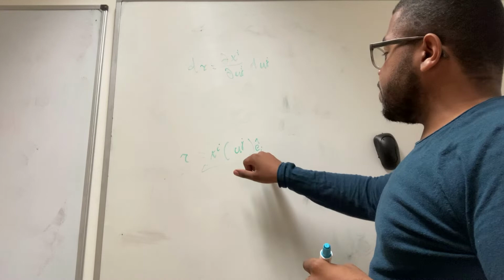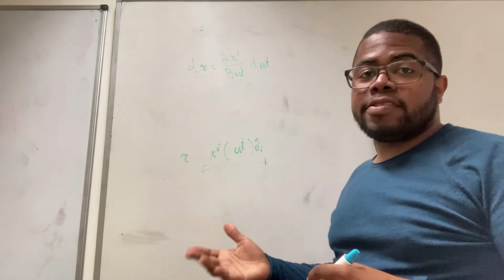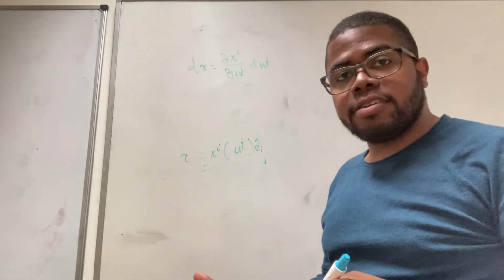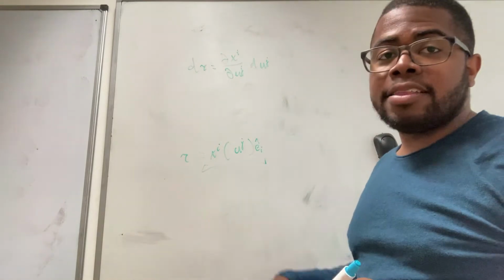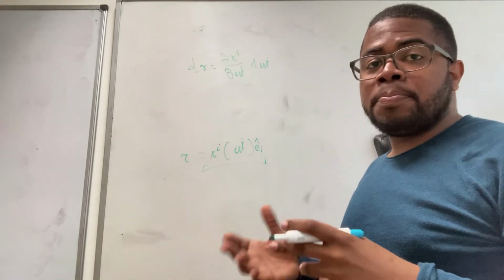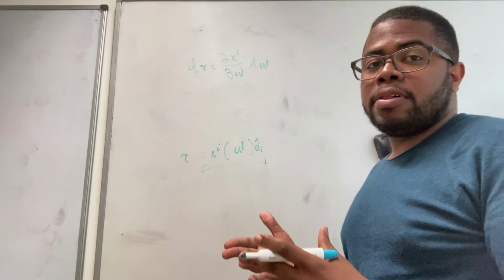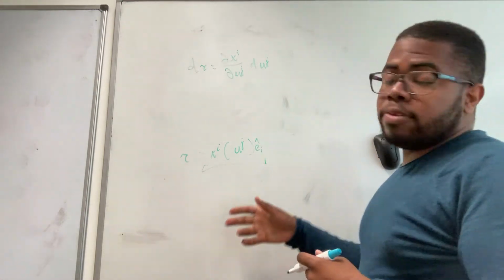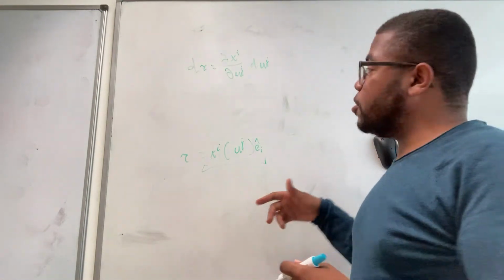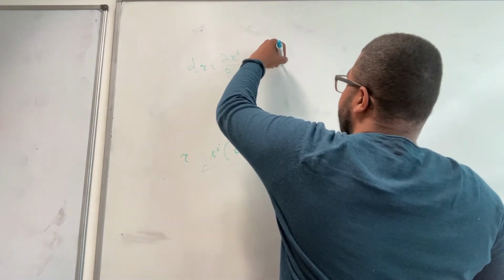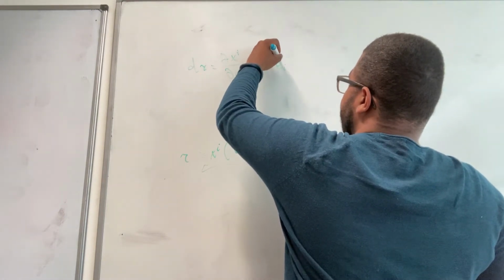And then because ei hat is a constant, we said that, for example, when we're talking about Cartesian coordinate systems, this ei hat is a constant value and not a variable thing. So we don't have to use, because of that, the product rule. We will then just finally multiply by ei hat.